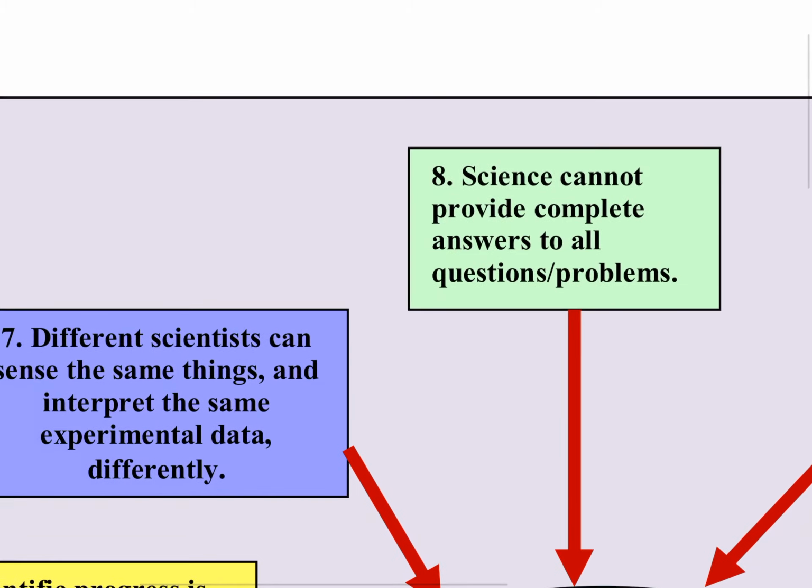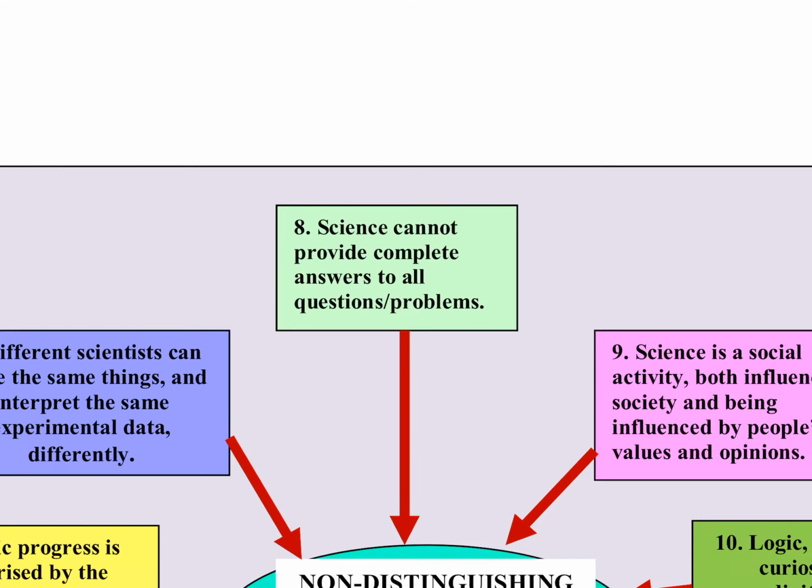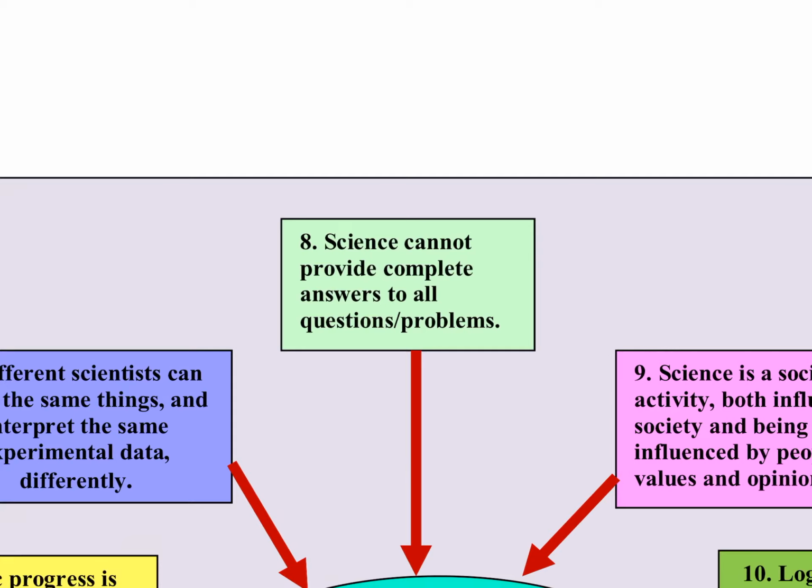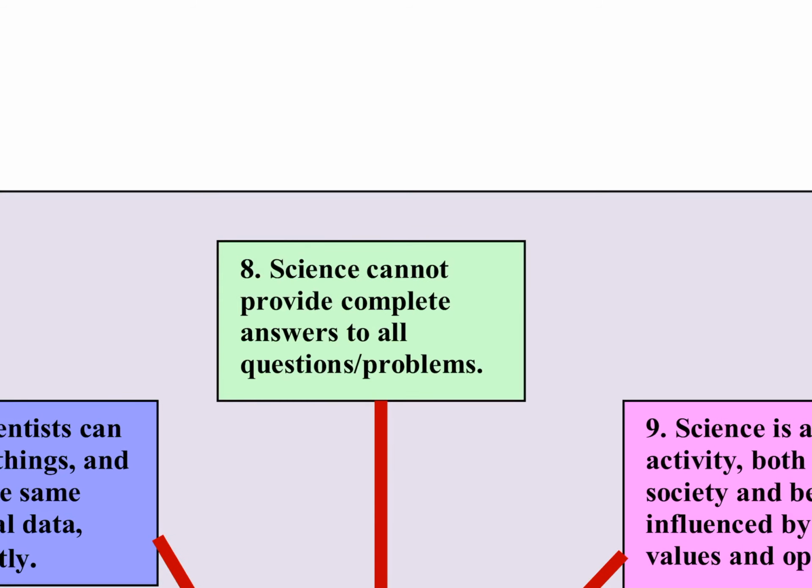They can have their own interpretation. They need not follow me, and their interpretation need not match the other scientist's interpretation. So this is also very important to understand as the nature of science.